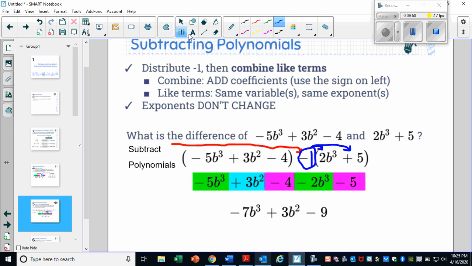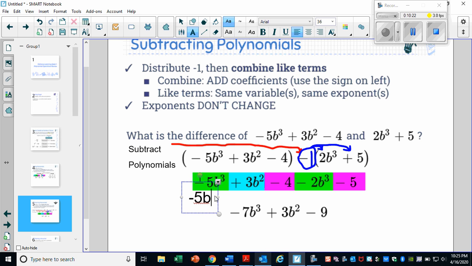And then, of course, after you distribute your minus sign to each term within the second set of parentheses, we do need to combine our like terms. So here, this would be a negative 5b to the third power.